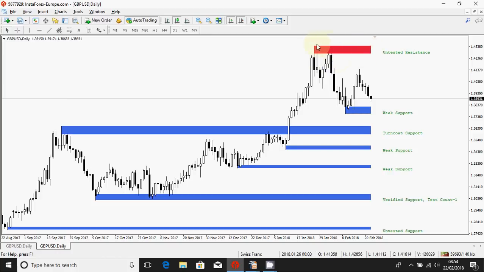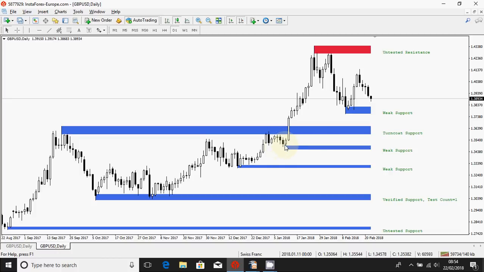Because it's the first time this resistance has appeared, so it's not been tested. This is a weak support because it is a new support that's been drawn. This is a tomcat support. What that means is this support is already a stronger support. It has acted as a support and probably as a resistance area before.